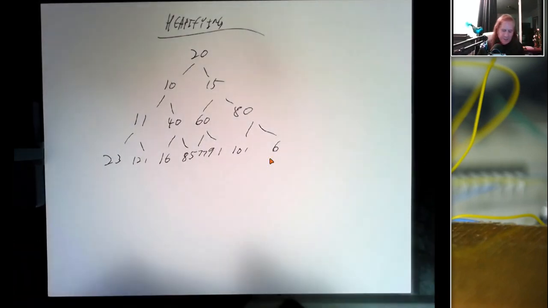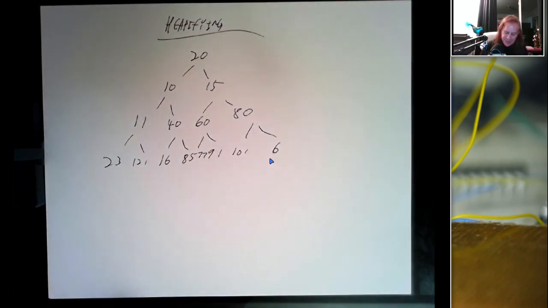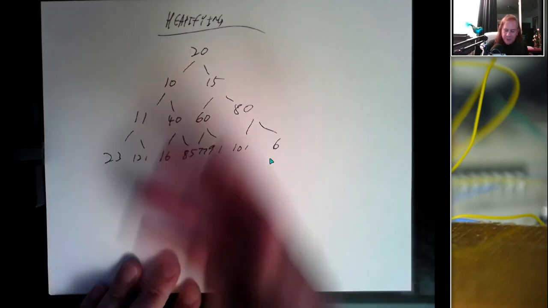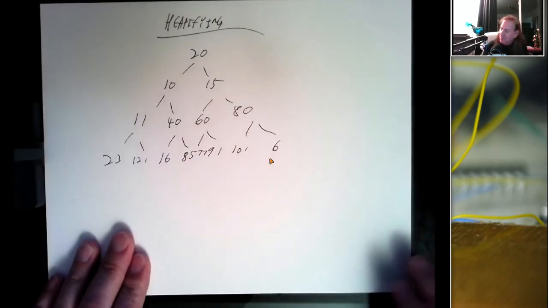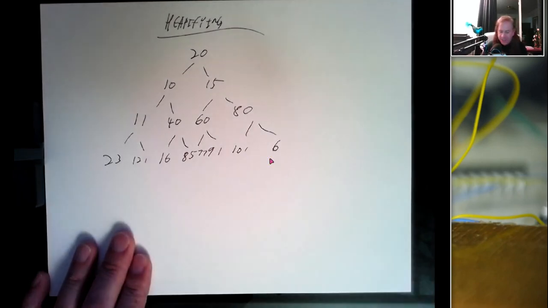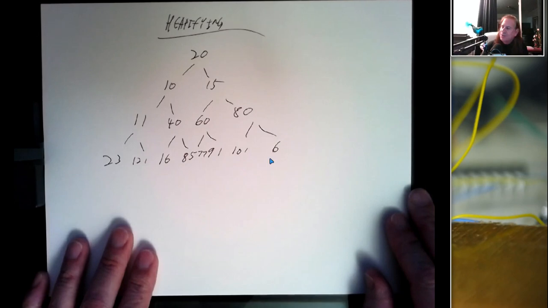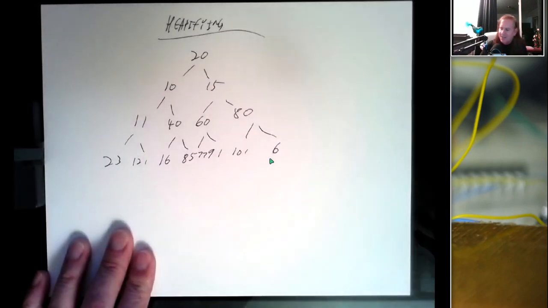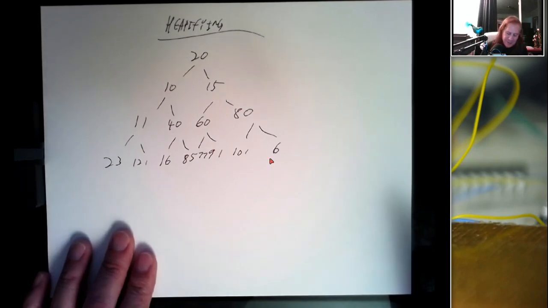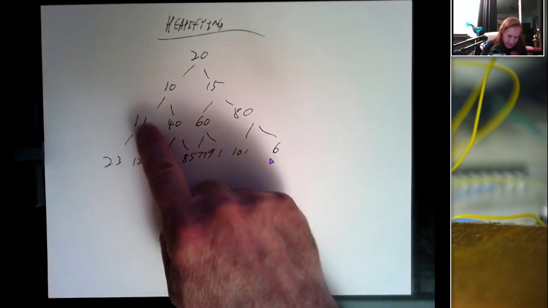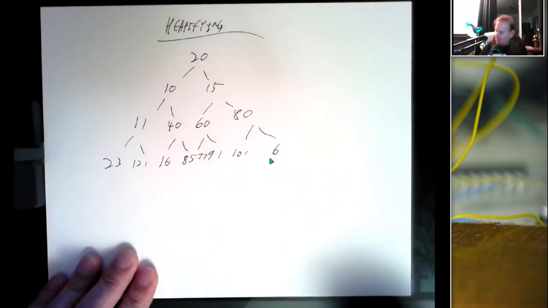So suppose our numbers came in this order: 20, 10, 15, 11, 40, 60, 80, and so on. We just throw them into the shape of a heap. And I happen to have a full bottom row, but that's not necessary. We put them in the shape of a heap, and that's one of our requirements, but this definitely will not satisfy the heap property unless we happen to get our numbers in just the right order. So I can see right here, this violates the max heap property, this violates max heap, this violates max heap, and so on.